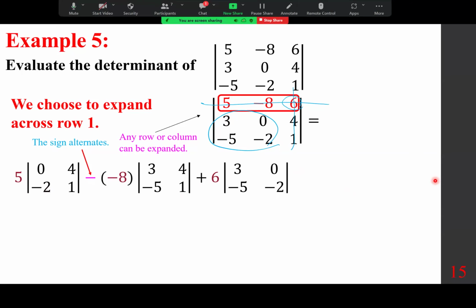And now let's do this. This is 0 minus -8. This is minus -8 or plus 8, times 3 times minus 20 plus 6, times 3 times -2, which is -6. So we write it in this fashion.